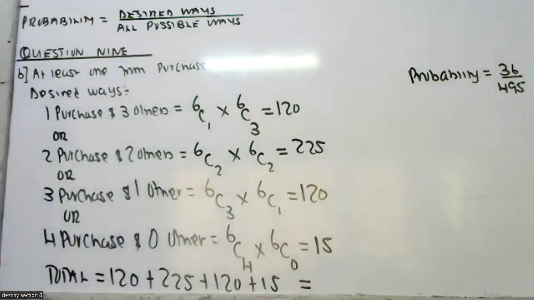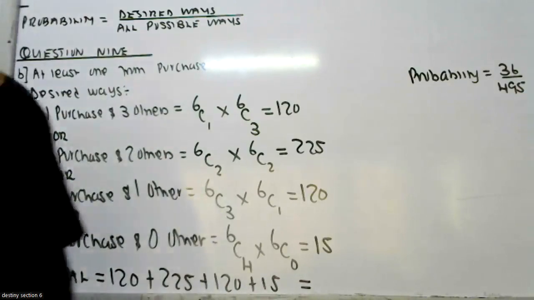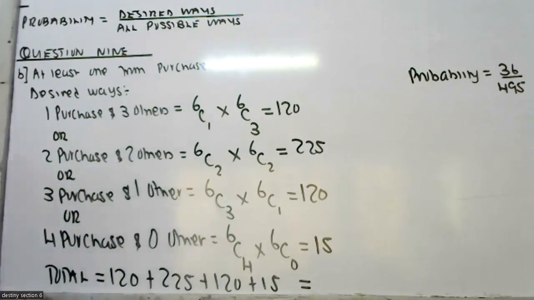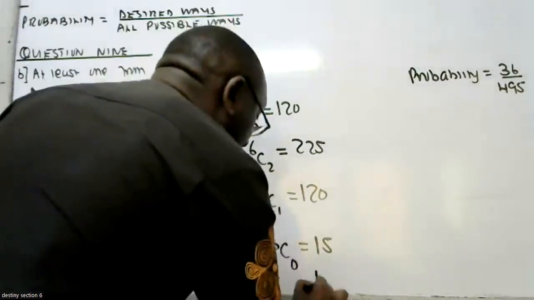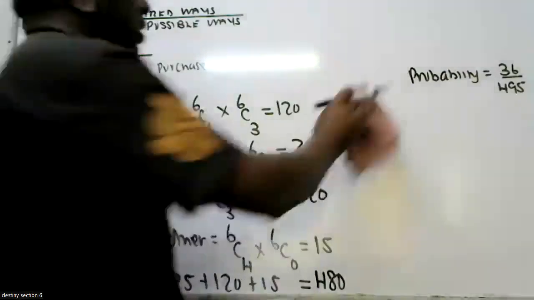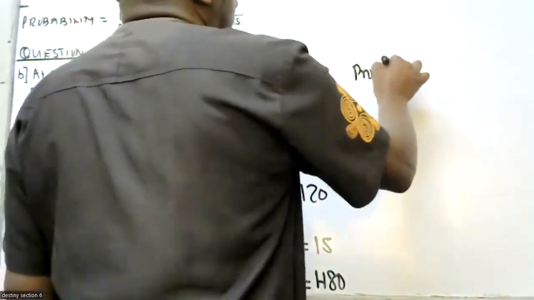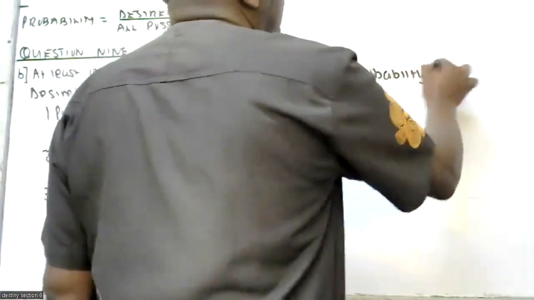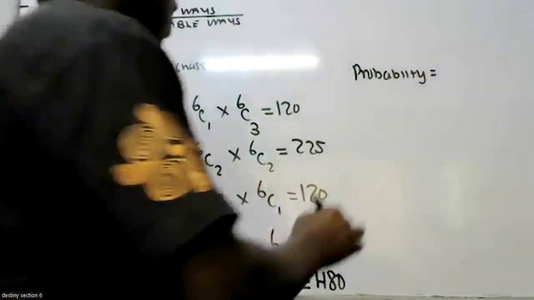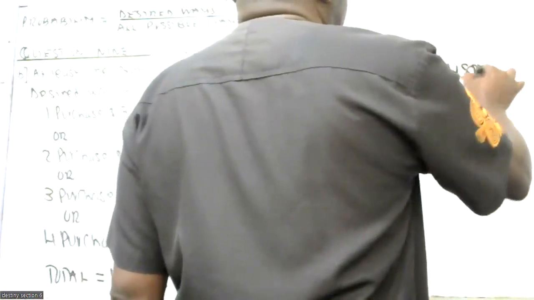Because we are saying or, all becomes plus. That gives 480. And therefore, the probability for that will be 480 divided by 495.